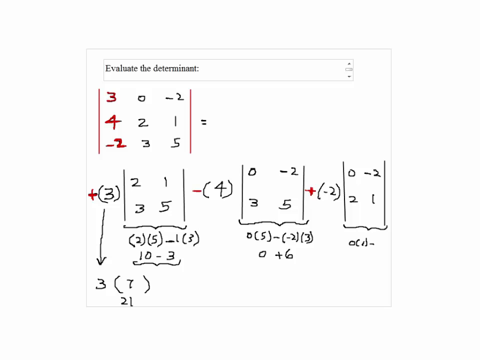okay, let me move this here a little bit. Okay, this one here I'm right at the top, so I have more room. That would be 0 times 1 minus 2 times 2. Okay, so here would be 0 minus, and minus would be plus 4.